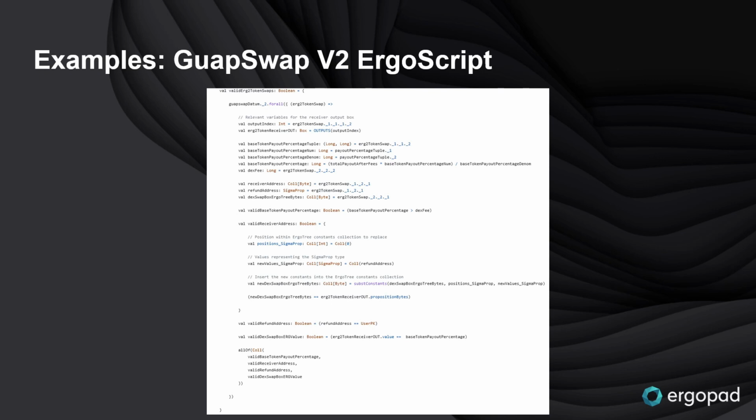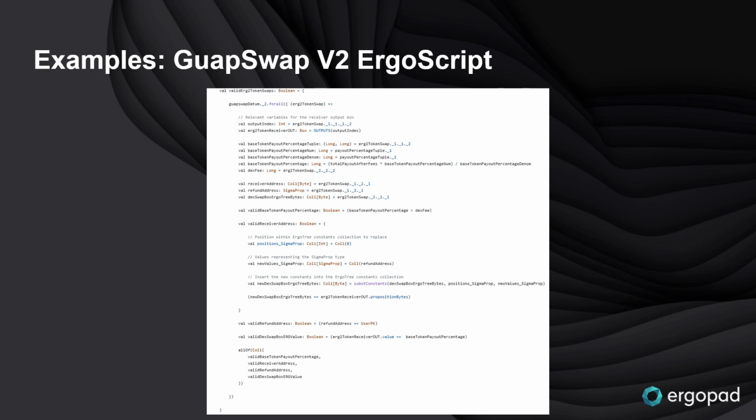So when we want to know what the output index is, the box of the output box associated with Erg to Token swaps, and other parameters we need in order to calculate the different settings we want.